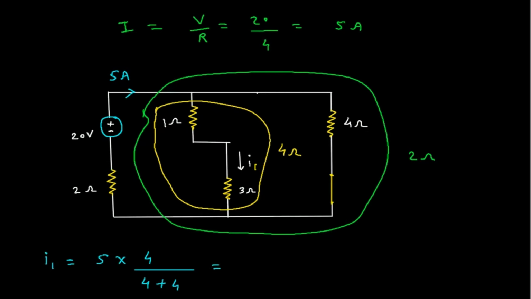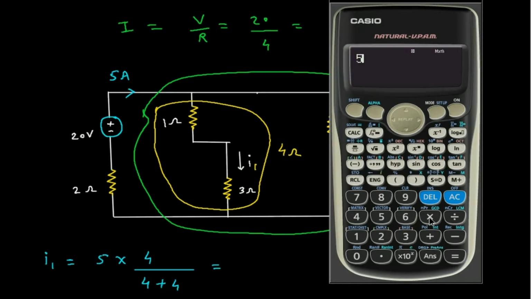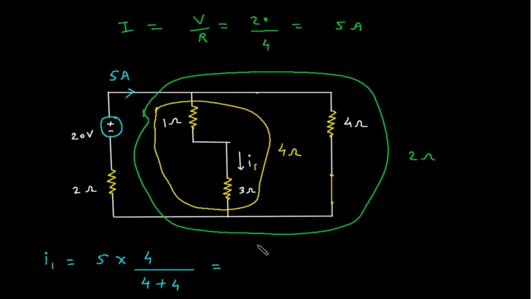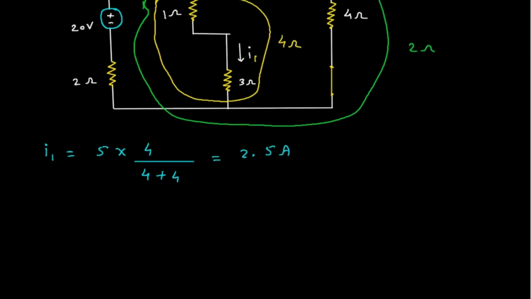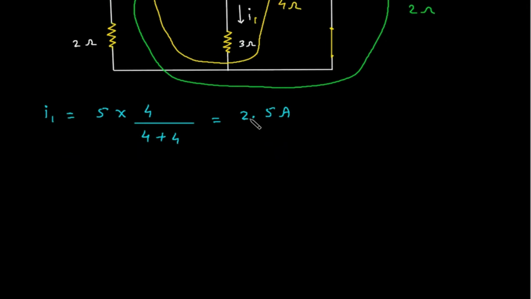So this will be 5 into 4 by 4 plus 4, which is 2.5 ampere. So I1 is equal to 2.5 ampere.